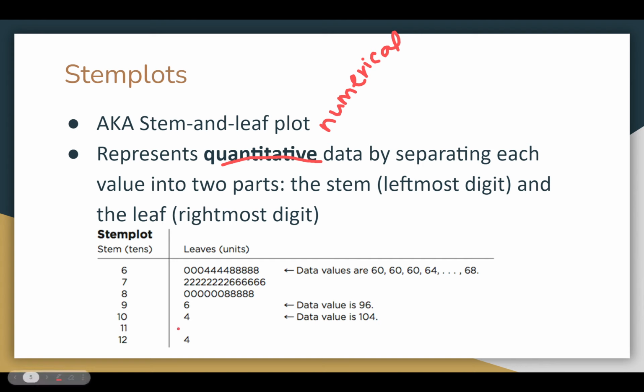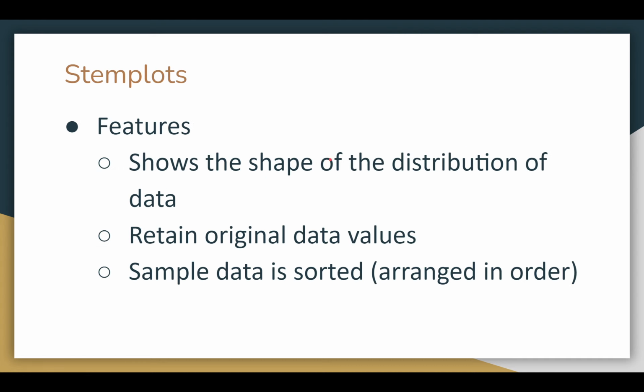Down here would be 124, 104, 96. So this is a stem plot or stem and leaf plot. It shows the shape of the distribution, we can get the original data values, and it is arranged in order.